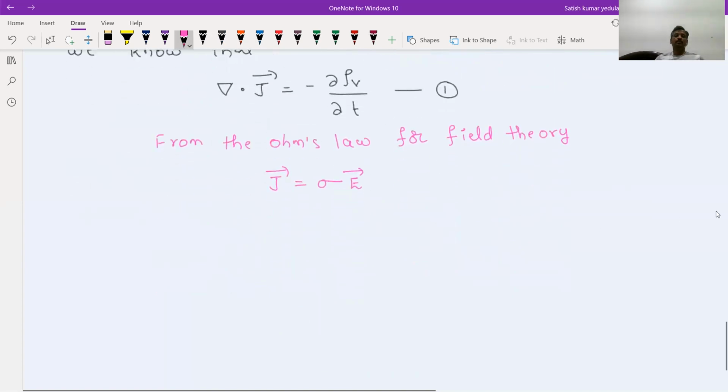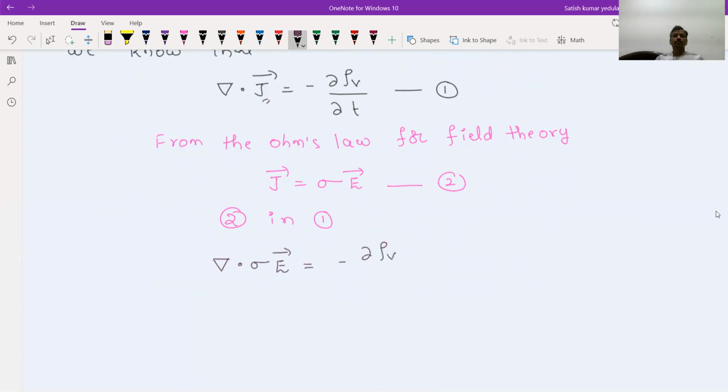Substitute this second equation in 1. What we will be getting is del dot σE equal to minus ∂ρv/∂t. Call this equation number 3.